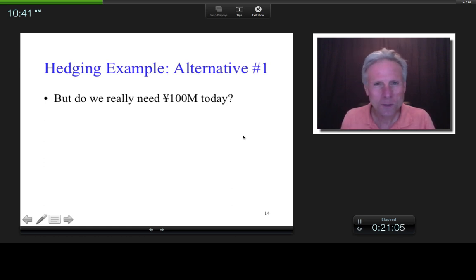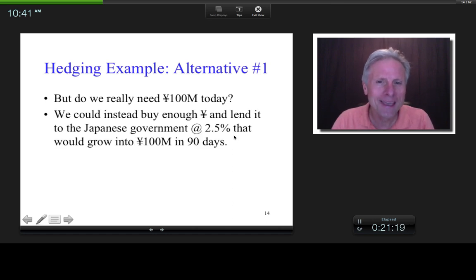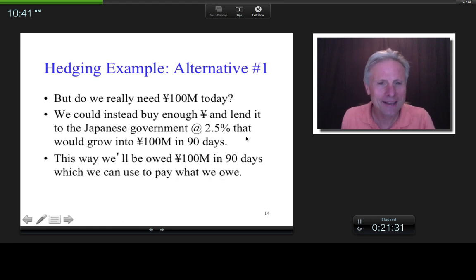So what is the most risk-free thing that you can think of what I could do with yen? Well, lend it to the Japanese government, right? It's buy a yen T-bill. So in other words, what I could do is I could buy enough yen and lend it to the Japanese government at 2.5%, such that in 90 days, it would grow to 100 million yen. So that way, in 90 days, I'll be owed 100 million yen.